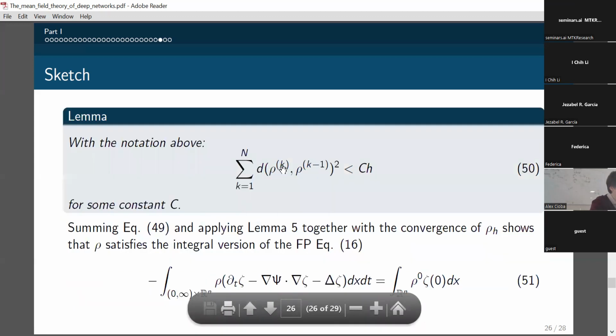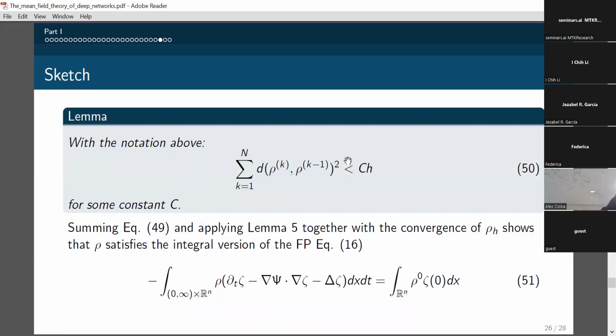The second ingredient that you need is effectively this lemma, which summarizes what I promised here, which is that as you take h to 0, the Wasserstein distances between these individual iterates also go to 0, and furthermore, they go to 0 in this kind of controlled way. So there's this linear behavior in terms of h. So you also need to have the particular description of the function gamma that I wrote there.